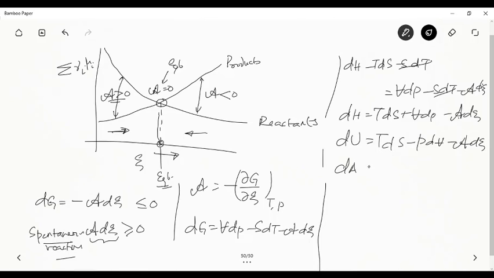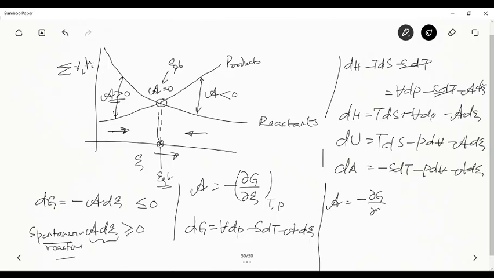Okay, this is the Helmholtz function. So this is U minus TS, so dU minus T dS minus S dT. So the T dS would get cancelled, the S dT would come here. So minus S dT minus P dV minus A d xi.